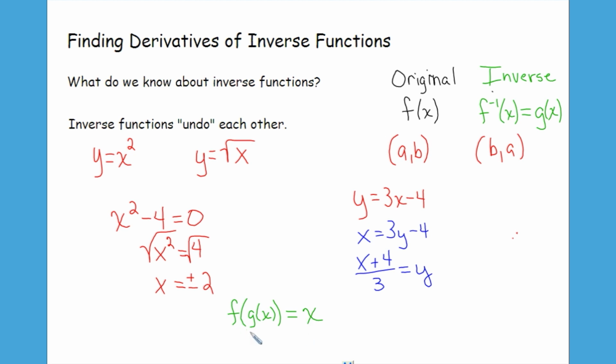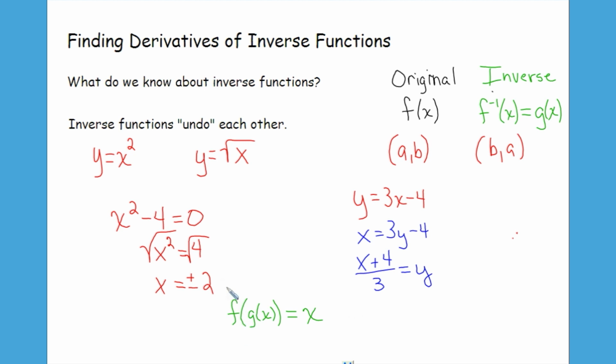So they kind of undo one another, very similar to the thought process of addition and subtraction. Like to move this 4 over, I added 4 to both sides. So addition undid that subtraction. So every function needs an undo function or an inverse function so that you can solve for the x inside.